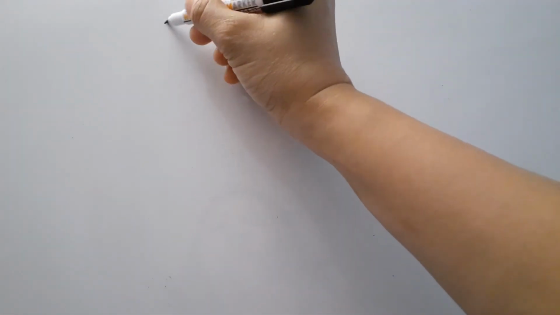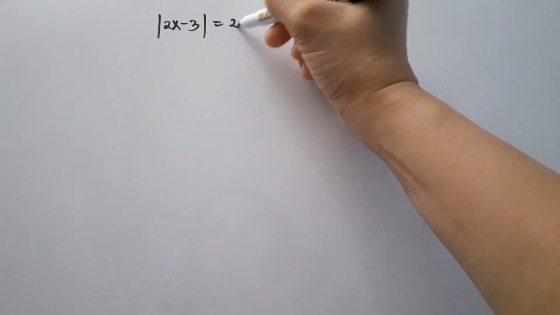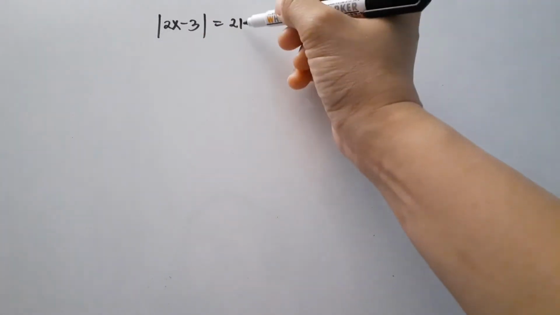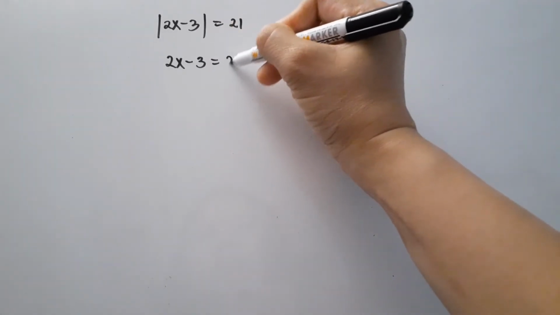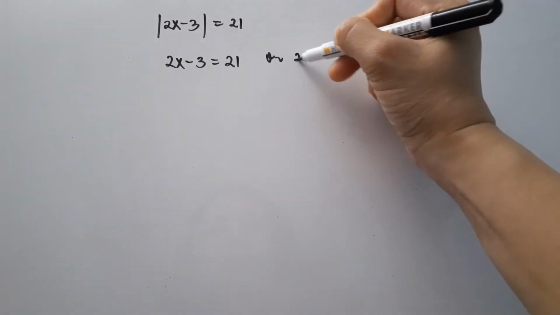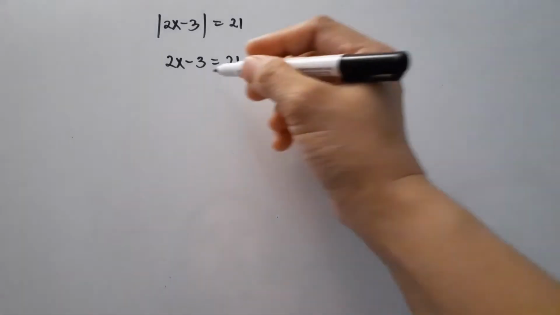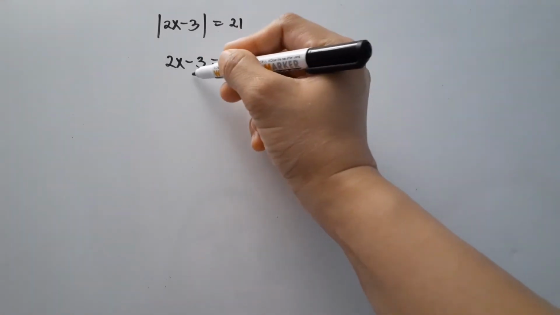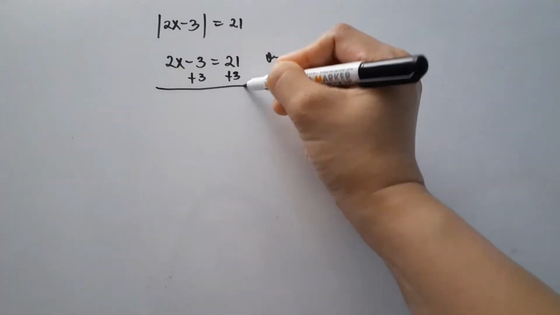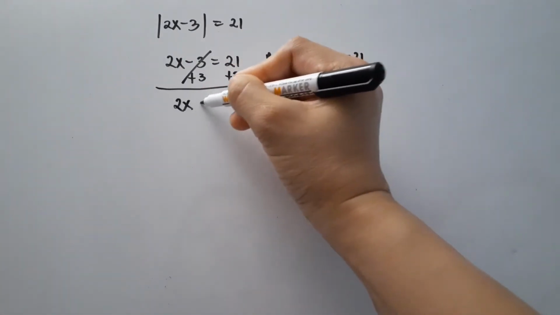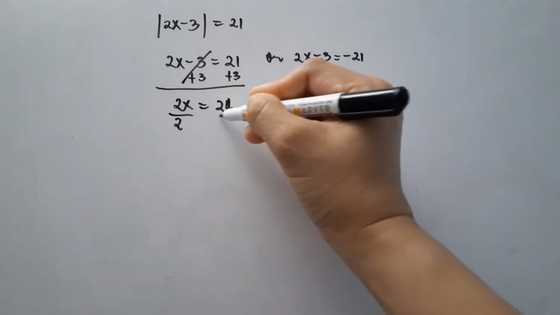And then let's have another example. We have the absolute value of 2x - 3 is equal to 21. So first, we solve 2x - 3 is equal to positive 21, or 2x - 3 is equal to negative 21. We add 3 to both sides, and then we cancel this out. We have 2x is equal to positive 24.